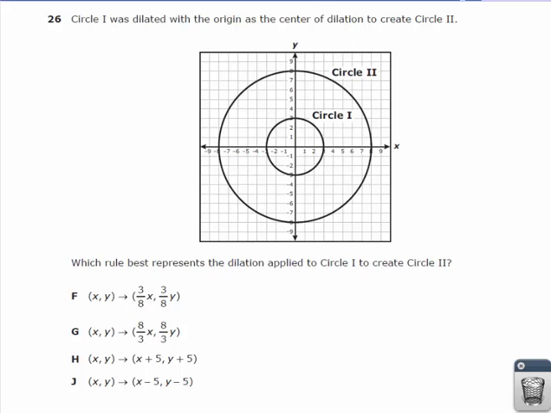When we look at the answer choices, we see H and J. When I'm adding to my X and my Y, or subtracting from my X and my Y, I know those are translations. They are not dilations. So I can automatically eliminate those because I know those aren't going to be part of this particular problem. And that's one of the reasons why we have to understand the algebraic representation: that's what the state of Texas says we need to know about. We need to understand how these shapes are affected on a coordinate grid when performing a transformation.